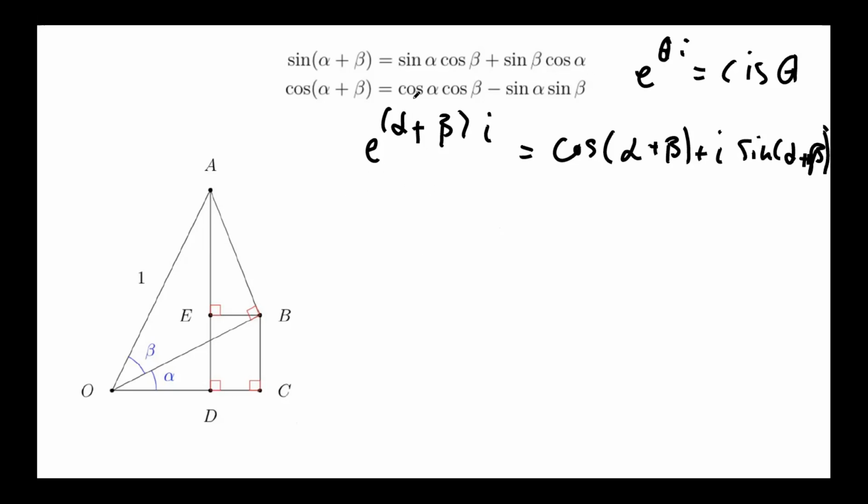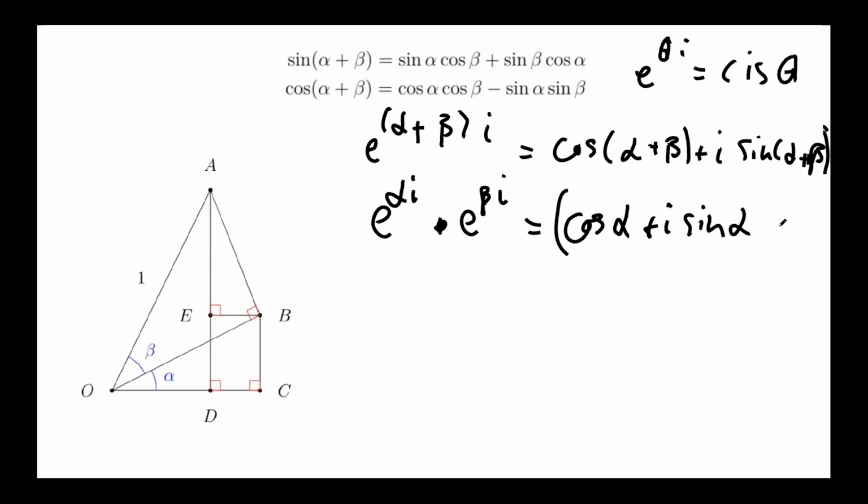The other thing is that e to the i times alpha plus beta is also the same as e to the i alpha times e to the i beta, which equals cosine alpha plus i sine alpha, times cosine beta plus i sine beta.